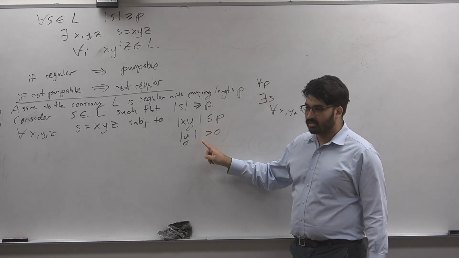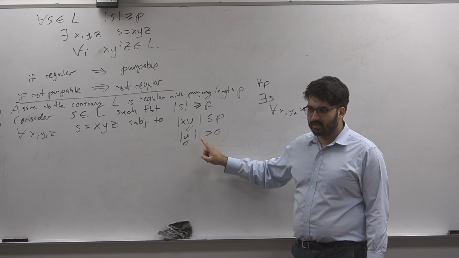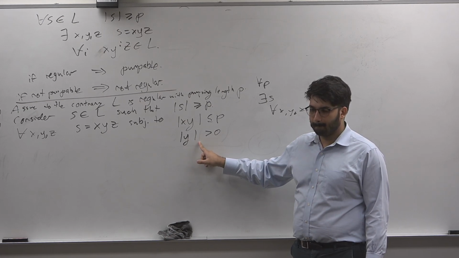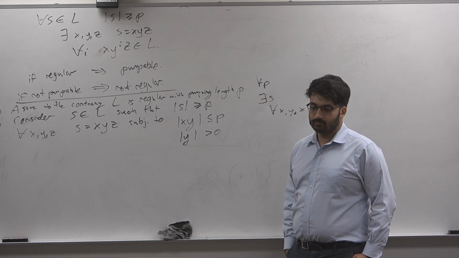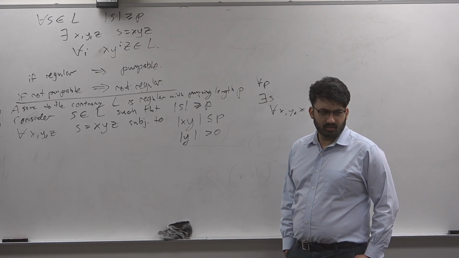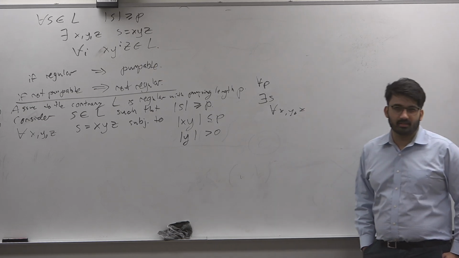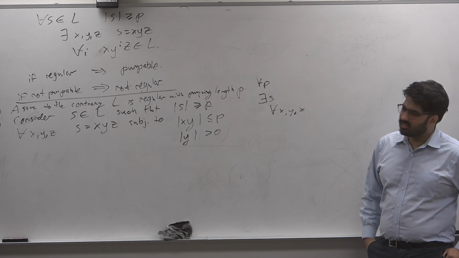First off, why are these assumptions we can make? Why must the length of y be greater than 0? Because of the way the loop works, even if it's a self loop. When would y be 0? Length 0, what does that mean? There is no loop. It'd be like an epsilon transition.